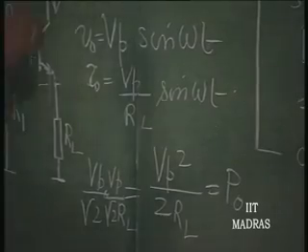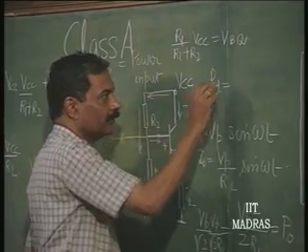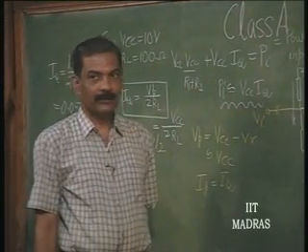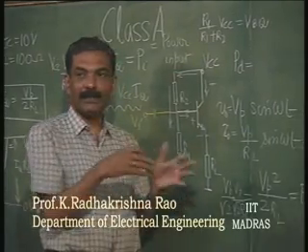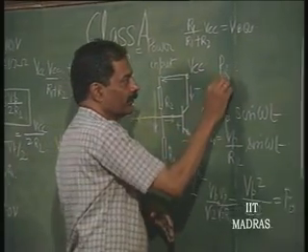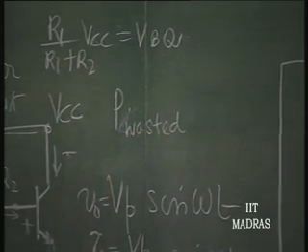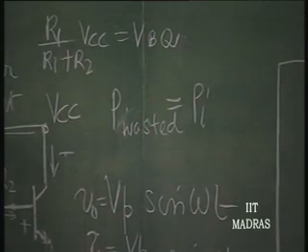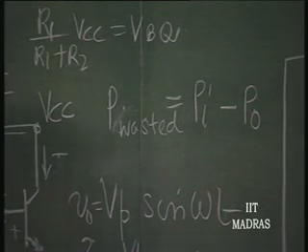We know that the power dissipated in the transistor as well as the resistor, the rest of the circuit, the power wasted, is nothing but power inputted minus output power.